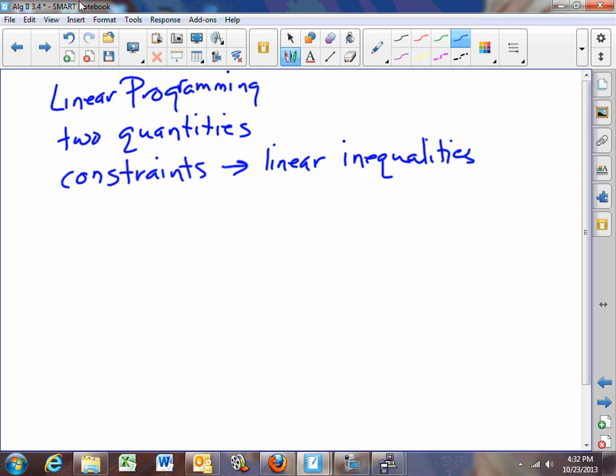When we are doing linear programming and we translate the constraints into linear inequalities, the solution to the system of linear inequalities is called the feasible region, because all the points inside the graph of the solution are points that represent feasible choices that we could make in our situation. Not all of them are going to be the best, of course, but they're all possible to make.